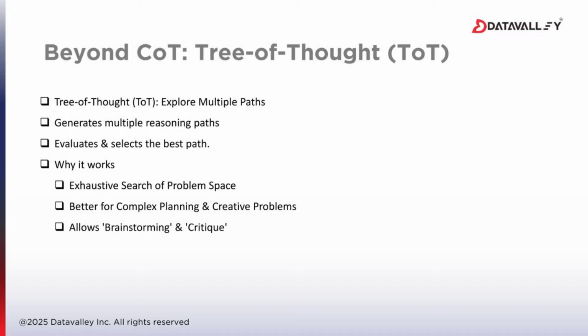It has to evaluate each one, and then among those, it has to choose the best. Here is where COT fails and TOT arises. And next, why does it work? Yes, I have a clear explanation for this also, which exhausts the search of the problem space.